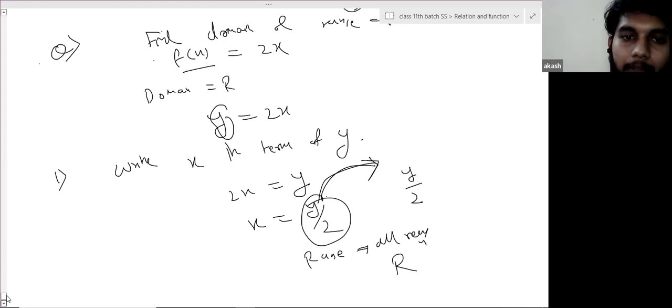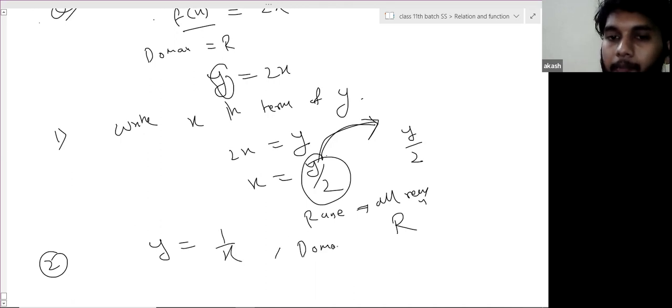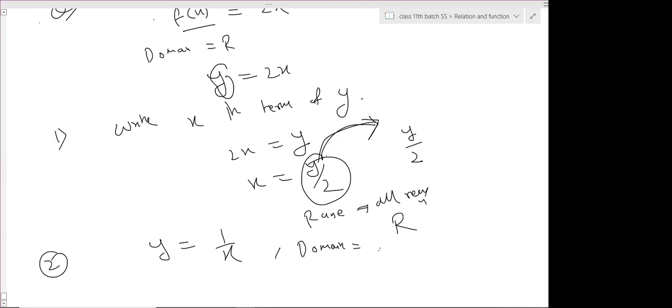Suppose I give you another question. y equals 1 upon x. What is the domain here? All real numbers except 0.